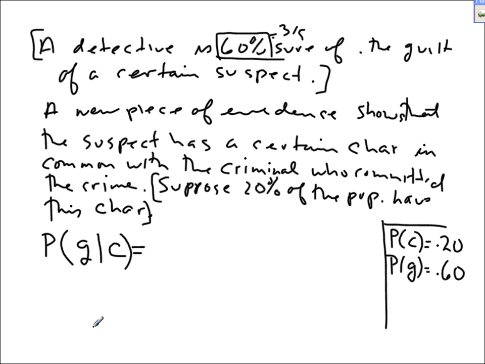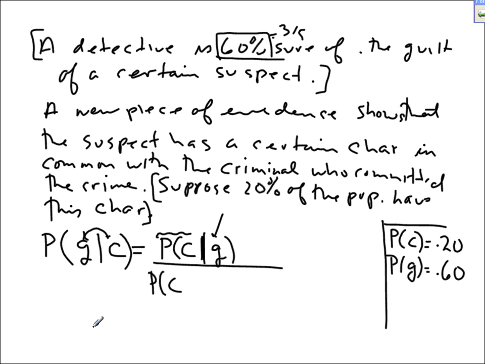All right, so we are going to switch these. The probability that you have this certain characteristic given that you're guilty. Now, the second part, the one that comes after the given, that is guilty. Well, there's only two options. You're guilty or you're not guilty. So in the bottom, notice the P of C doesn't change.